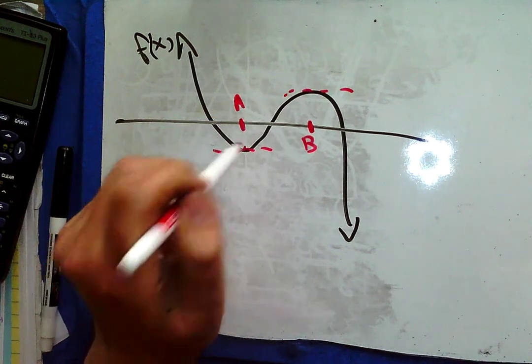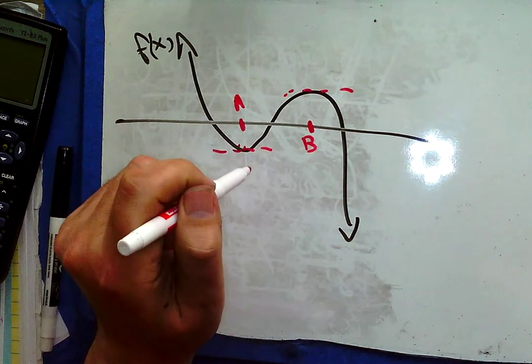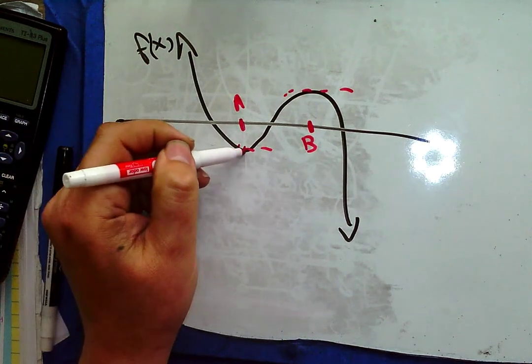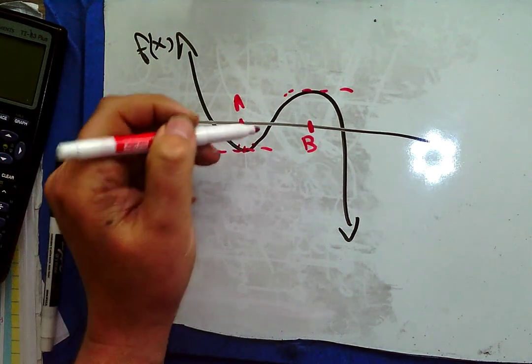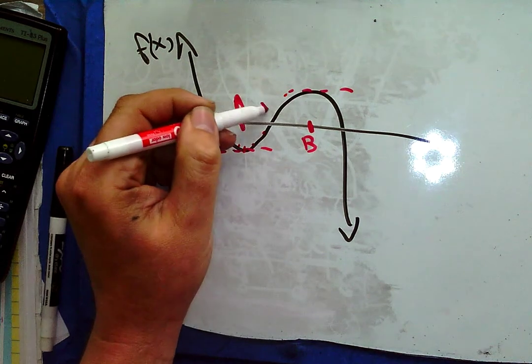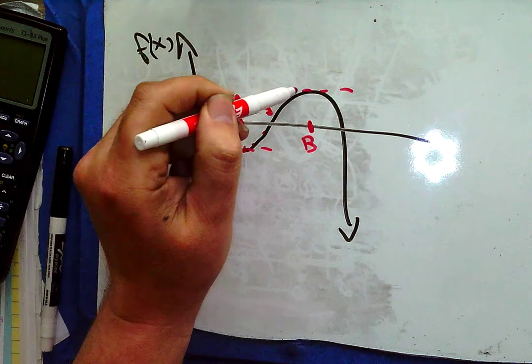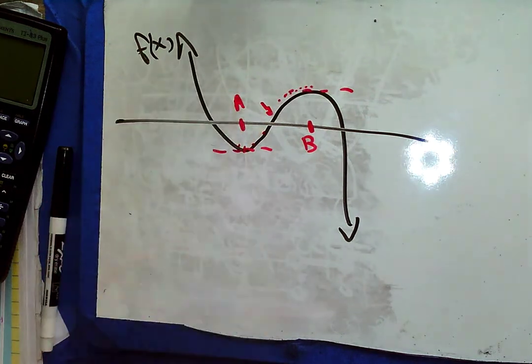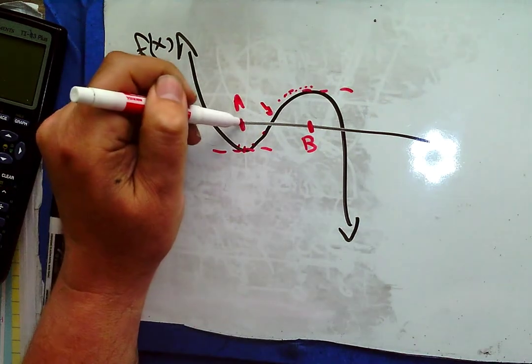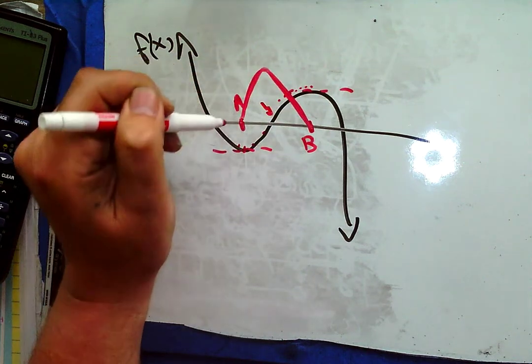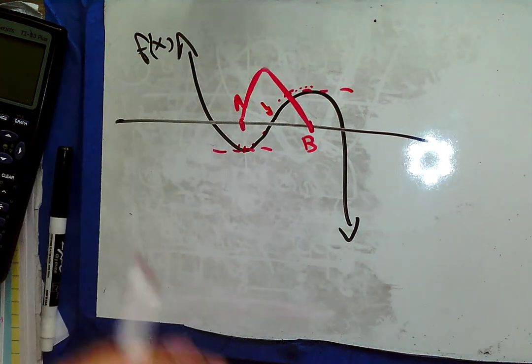I'm just looking at the slopes on the black y equals f of x graph. So I've got a zero slope, a slightly positive slope, more positive slope. This looks like where the maximum positive slope is, because then these slopes are still positive, but they get less positive. So I think I'm looking at something like that.